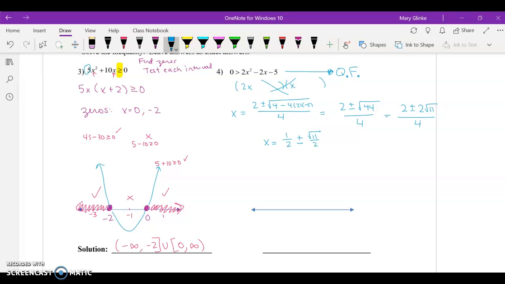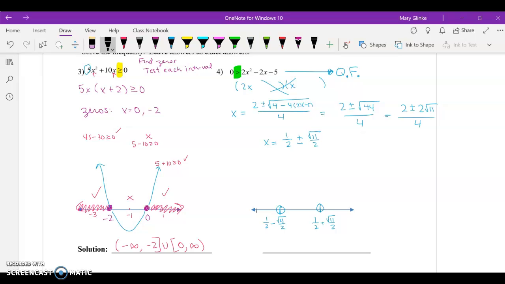So on your number line, you have to be careful with which ones go where. The 1/2 minus root 11 over 2 has to be smaller than the 1/2 plus root 11 over 2. On here, you're going to have open circles because your original inequality did not have the or equal to. And then we're going to test each interval.